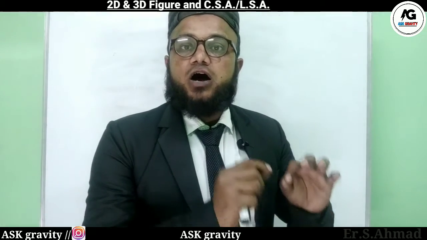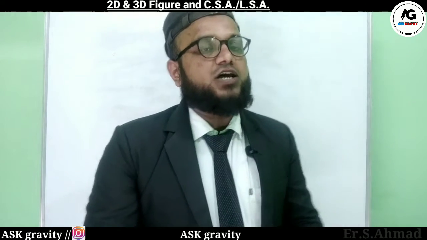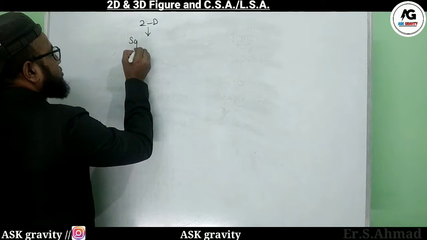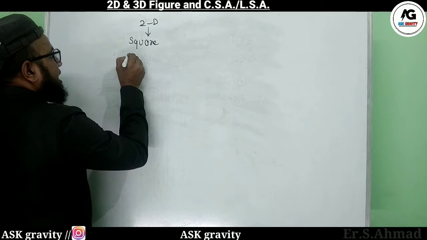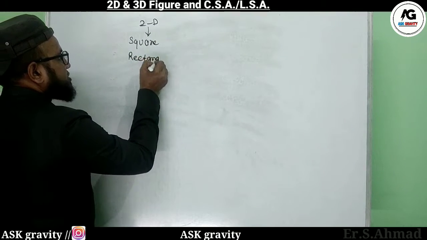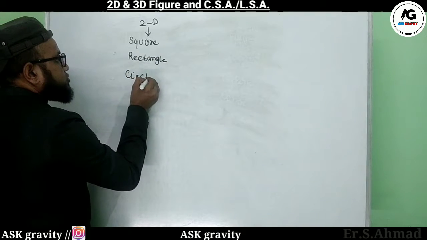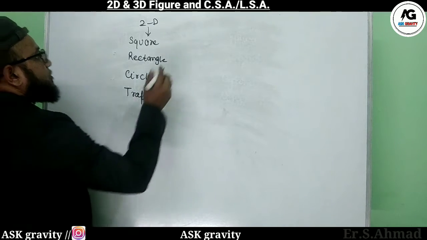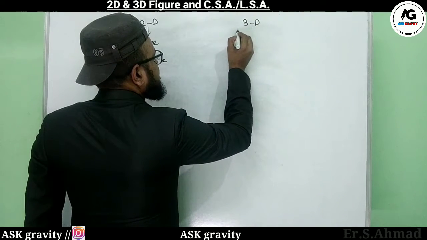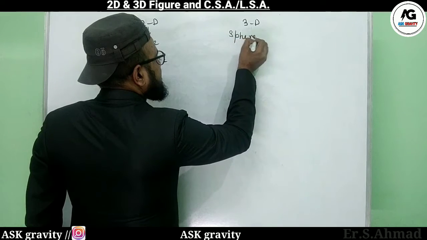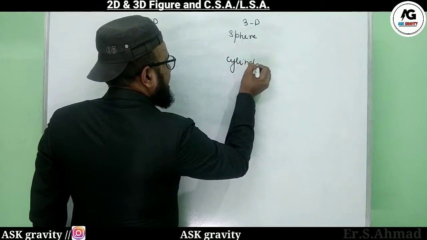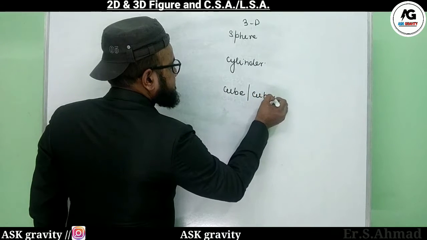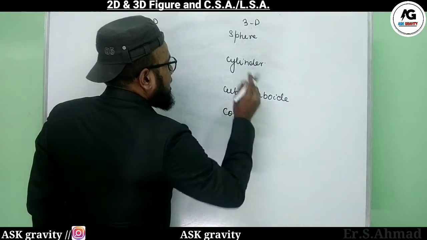Then we have to learn how to find the area of a three-dimensional figure. Two-dimensional figures include the square, rectangle, circle, and trapezium. Three-dimensional figures include the sphere, cylinder, cube or cuboid, and cone.